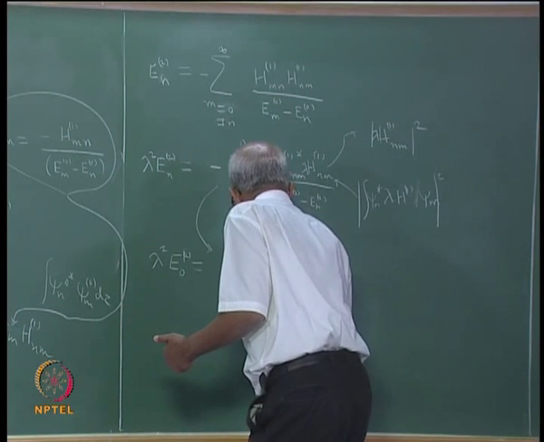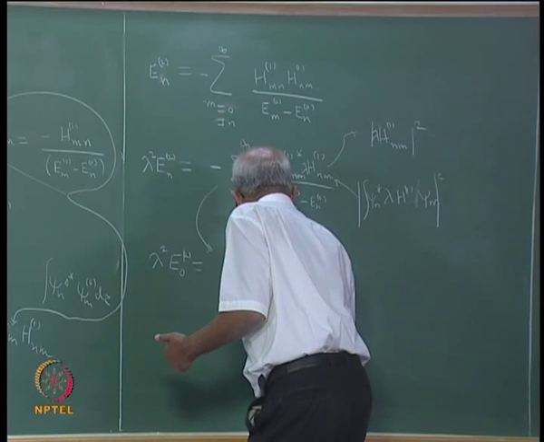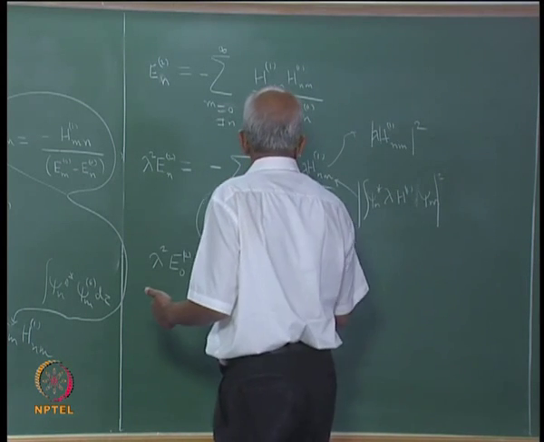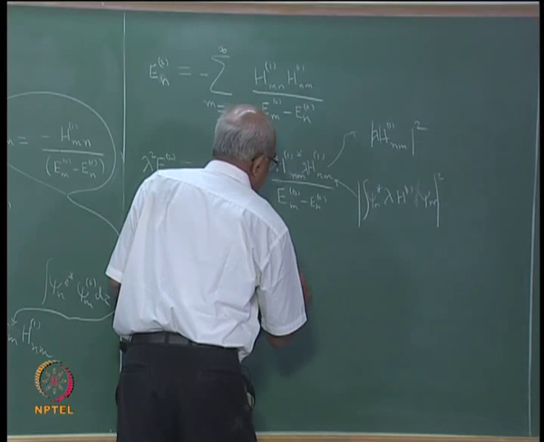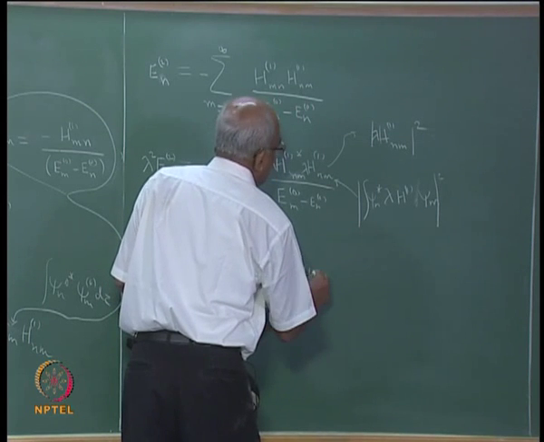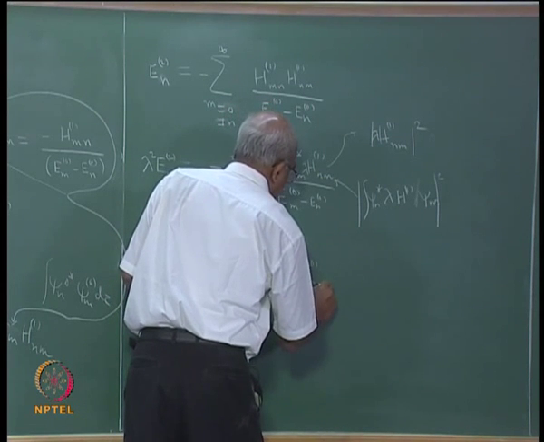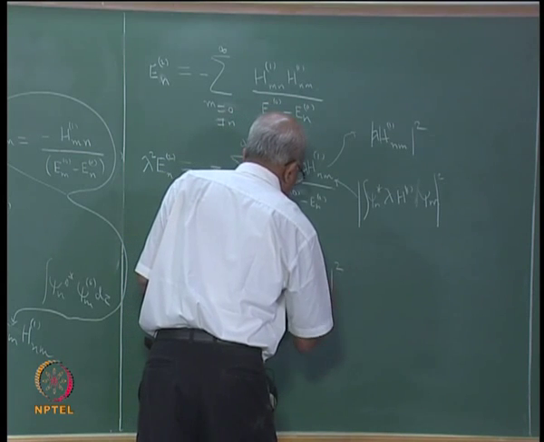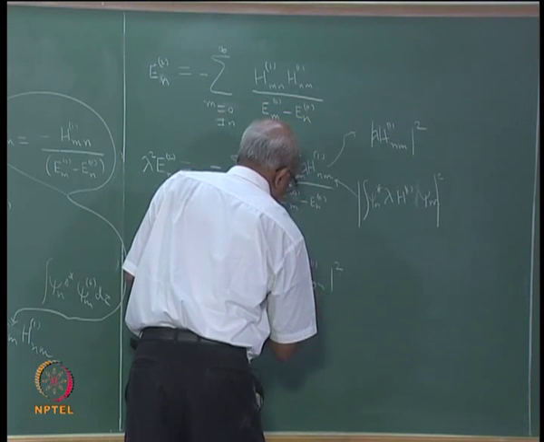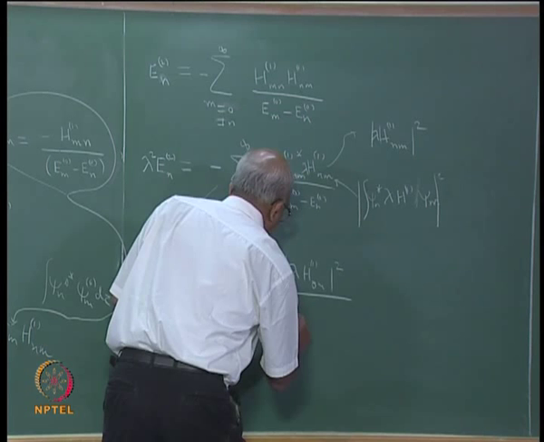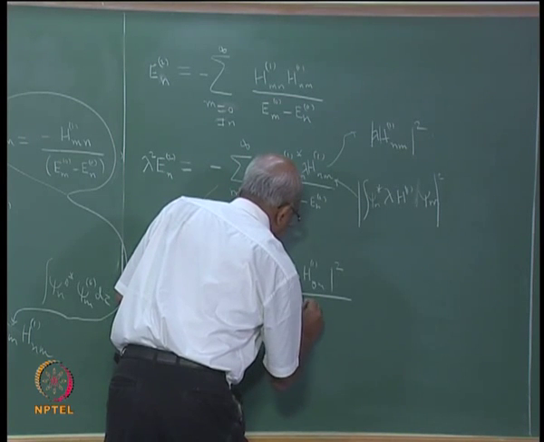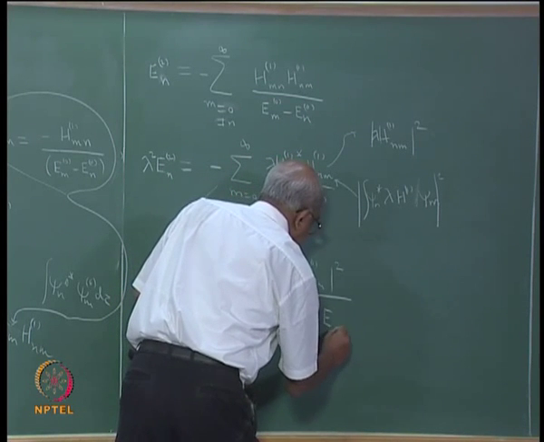So, I will have the sum over m, but m is not equal to 0, everything else, and that is going to be lambda squared times the magnitude squared of H1 nm, n is actually 0, divided by Em0 minus E00.